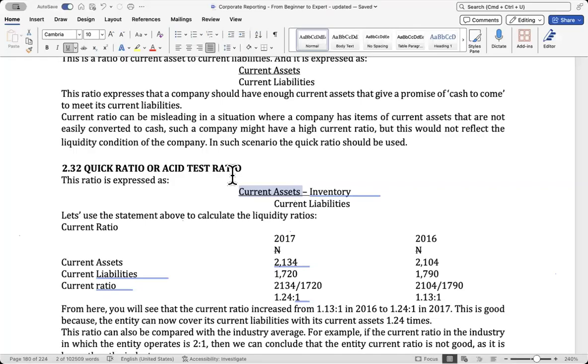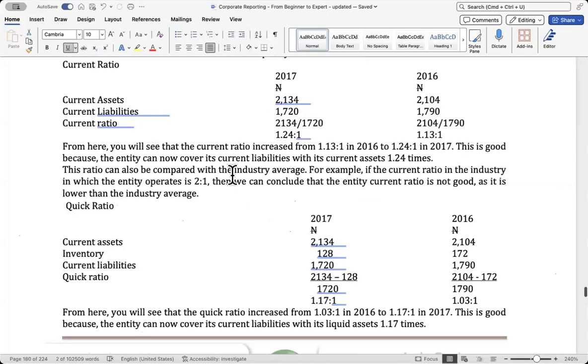That's the best, because if that ratio is high enough, it shows that if any creditor should come today, you can just ask the creditor, okay, how much am I owing you? Give me your account number, and you transfer almost immediately. It's the best. Okay, so those are liquidity ratios.